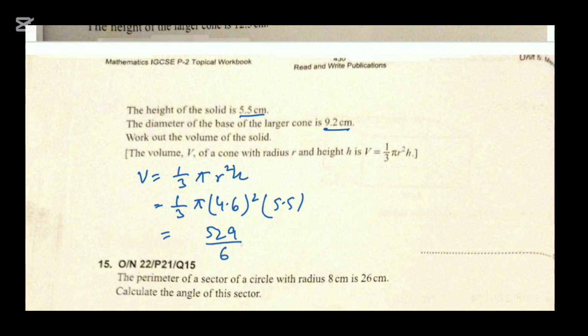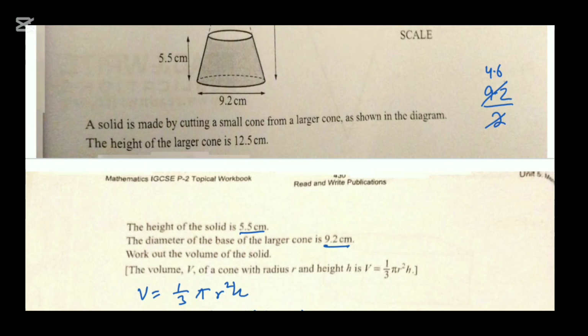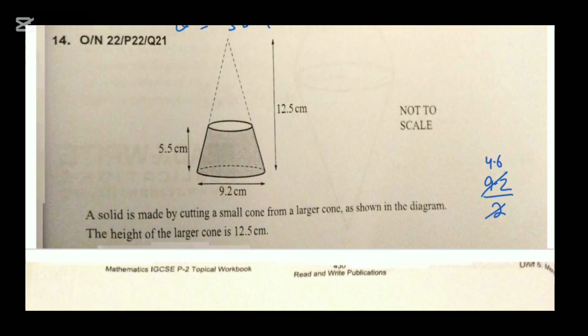529 over 6 pi. You can also solve pi, it's up to you. You can solve it at the end as well. 529 over 6 pi. Now we have to use the concept of similarity.